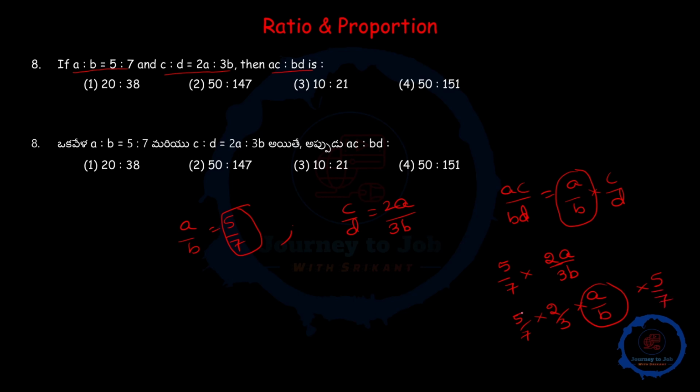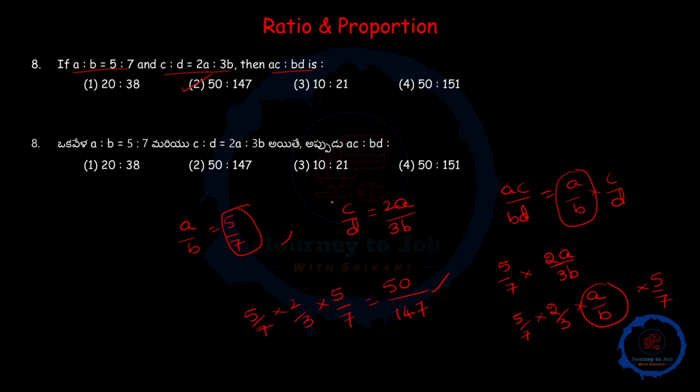Just multiply all this. 5/7 into 2/3 into 5/7. So 5 into 2, 10. 10 into 5, 50 by 7 into 3, 21. 21 into 7 is what? 147. So this is the answer.